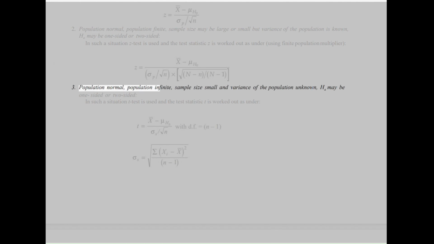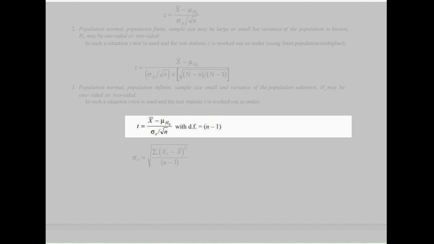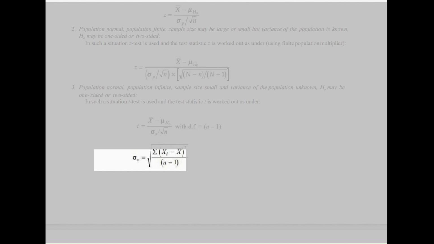3. Population normal, population infinite, sample size small and variance of the population unknown, may be one-sided or two-sided. In such a situation, t-test is used and the test statistic t is worked out as under. Pause the video to look at the formula. 4.